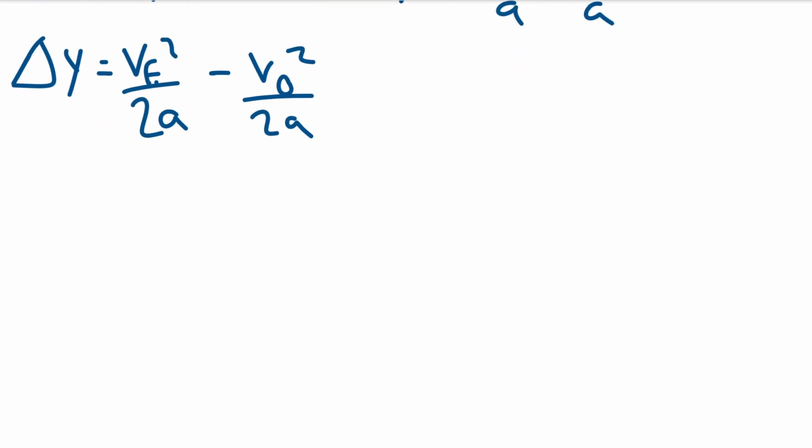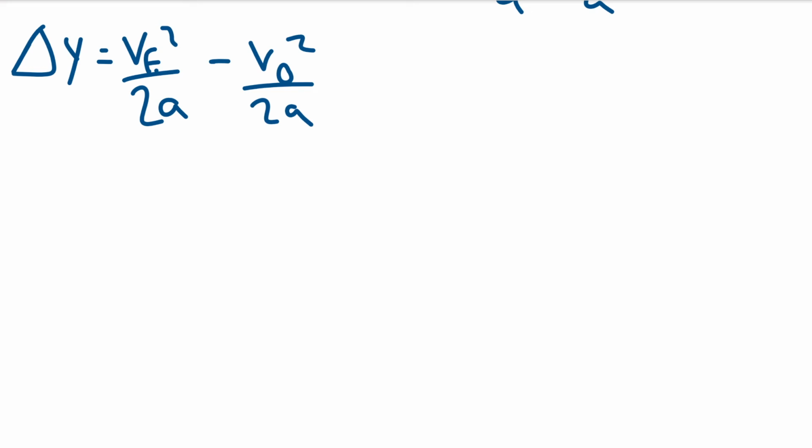So I can multiply both sides by 2a and add v naught squared to both sides. And now we have a function for vf that we could solve for the final velocity if we only know the change in position, the initial velocity, and the acceleration. So with that, that's our final kinematics equation.